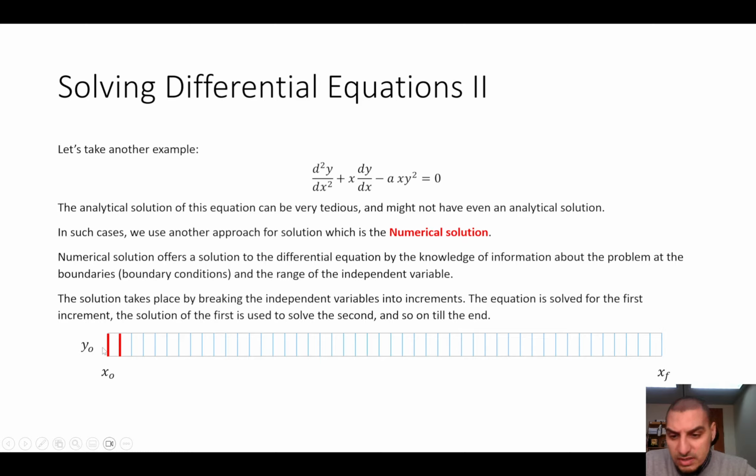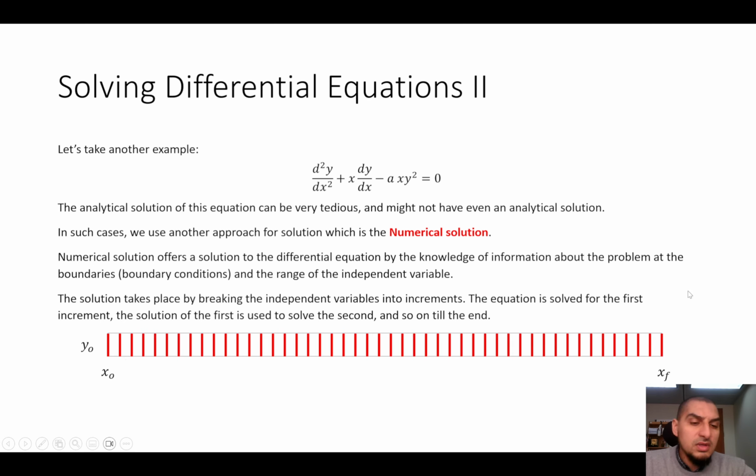So at the first step, we can calculate y at this step. And by the knowledge of y at this step, we can do the same thing. Since we calculated y1 from y naught and x naught, we can calculate y2 from y1 and x1, and so on. So we keep going one by one until we calculate the dependent variable at the final point.